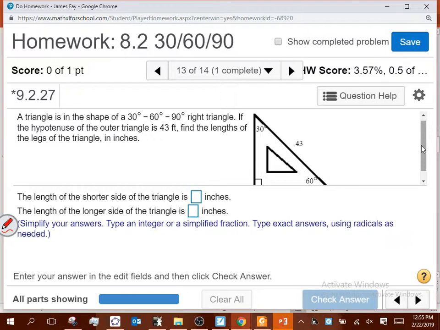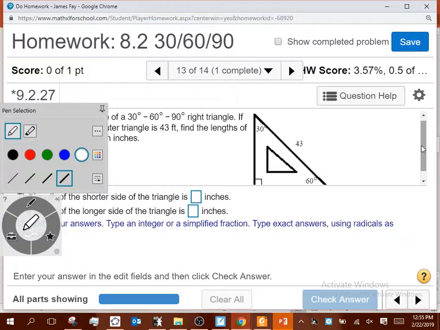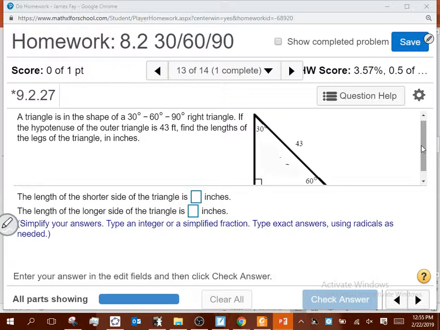If the hypotenuse of the outer triangle is 43 feet, find the length of the legs of the triangle. All right, the scenario here is kind of silly. I think this triangle in here is just trying to screw you up, because it says, if the hypotenuse of the outer triangle is 43 feet, find the length of the legs of the triangle.